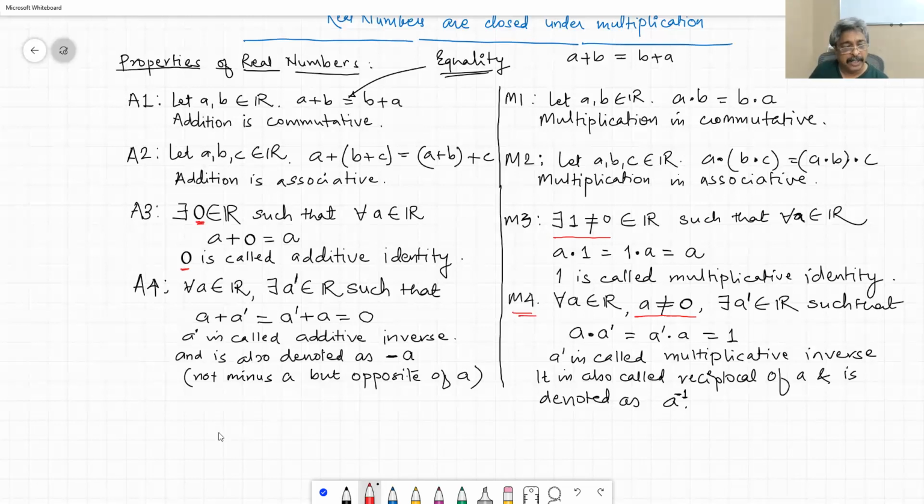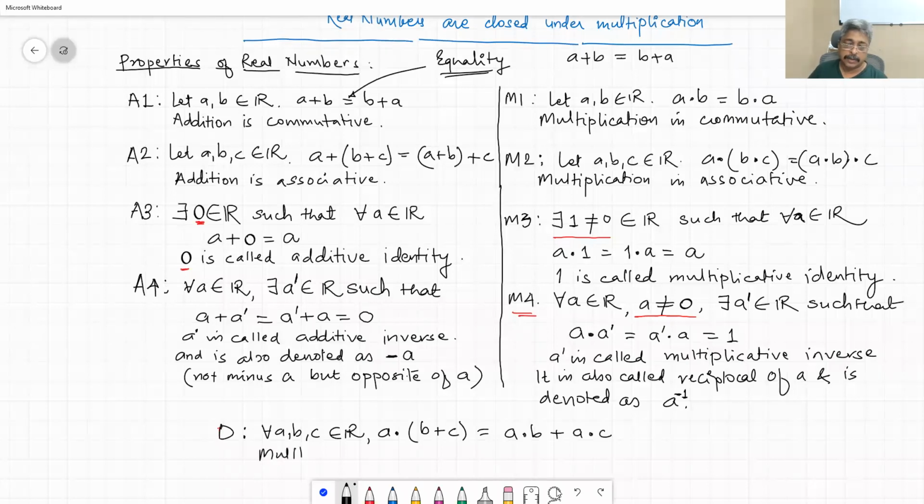Okay, 9th property is D. For all A comma B comma C belonging to R, A dot B plus C is equal to A dot B plus A dot C. Multiplication distributes over addition.